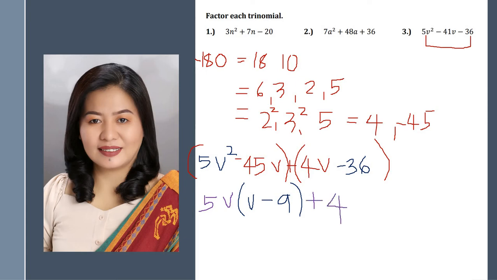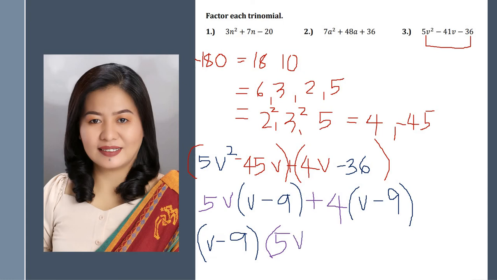And that gives us v minus 9. So the common factor is v minus 9, and the other factor would be copying the remaining terms and putting them as 1.